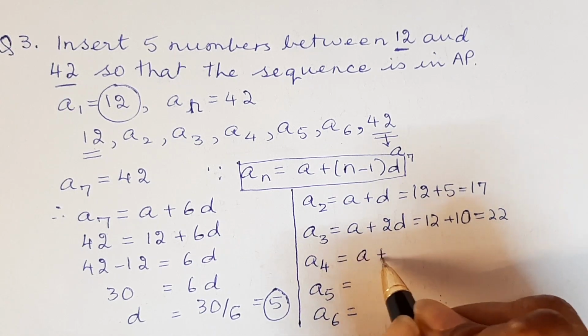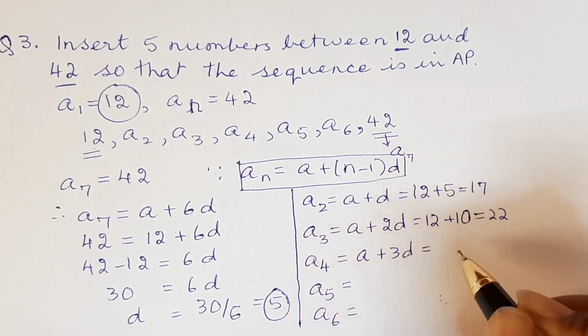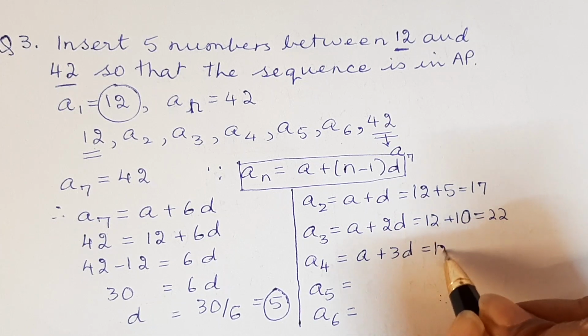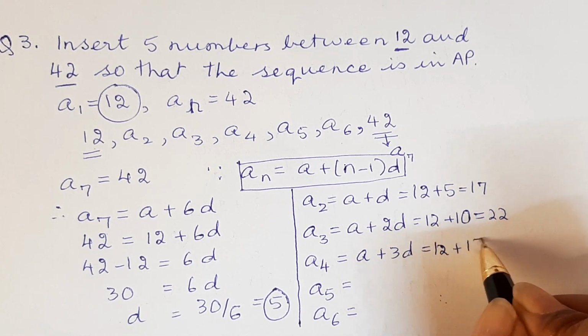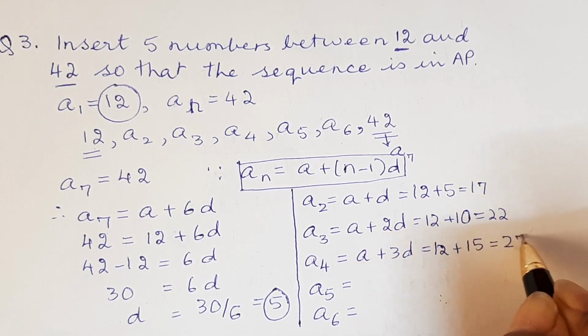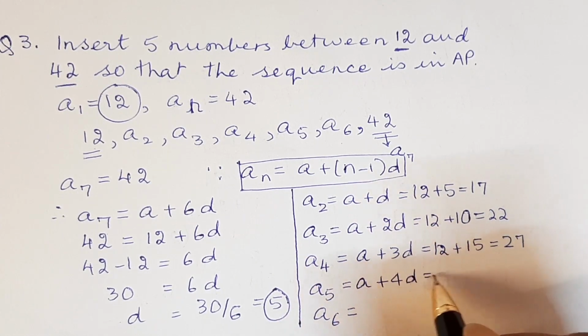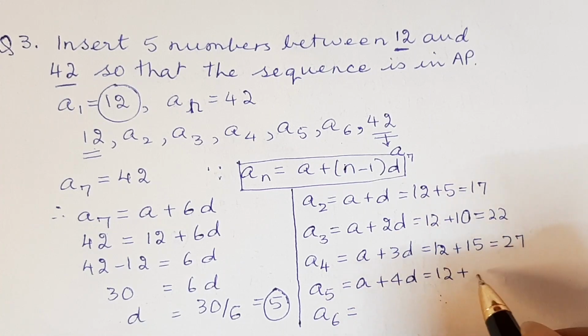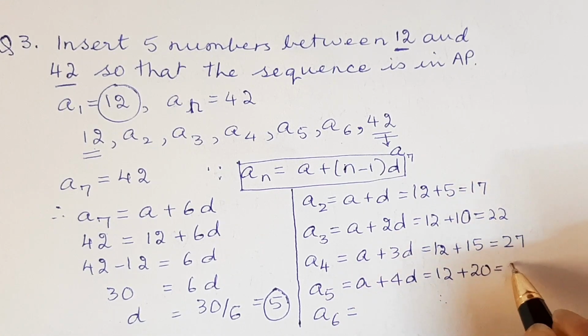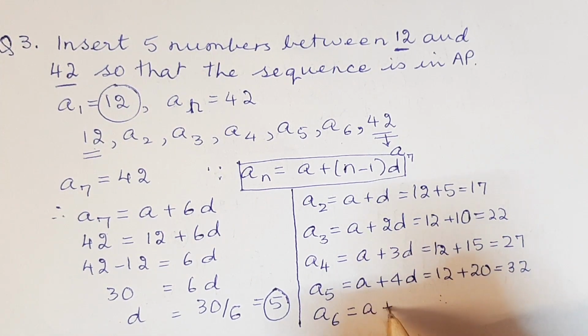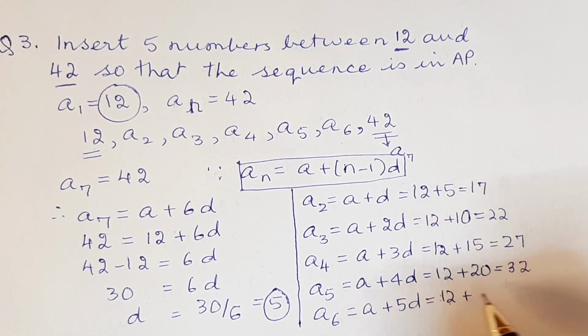Let's check it out. A4 is A plus 3D. So that is 12 plus 5 3s are 15, which is 27. A5 is A plus 4D, which is 12 plus 5 4s are 20, which is 32. Next one is A plus 5D, which will be equal to 12 plus 25, which is equal to 37.